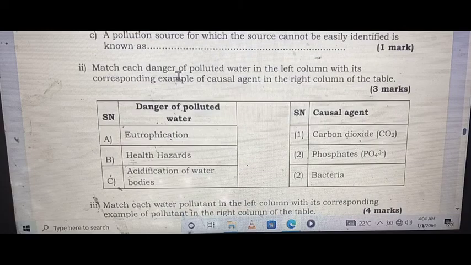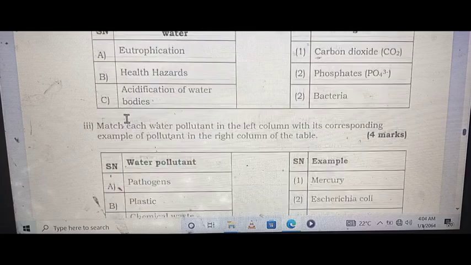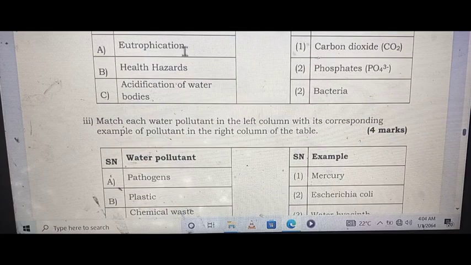I2. Match each danger of polluted water in the left column with its corresponding example of causal agent in the right column of the table. A. Eutrophication.